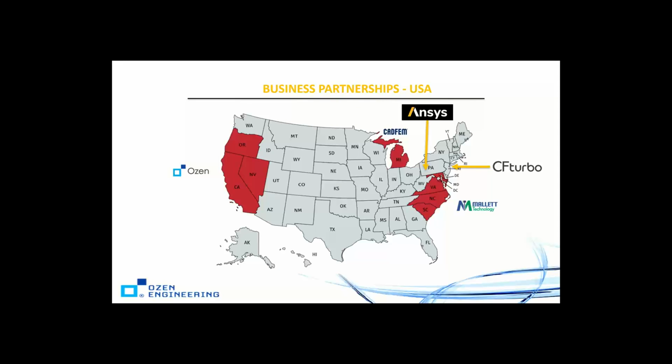On the West Coast, we cover Oregon, Nevada, and California. On the East Coast, we operate under a different name, Mallet Technology, with offices in Maryland as well as North Carolina. And in Michigan, we work under the name CATFAN.